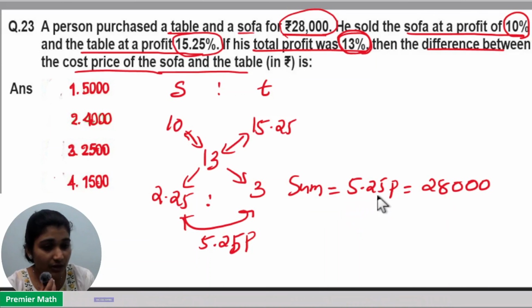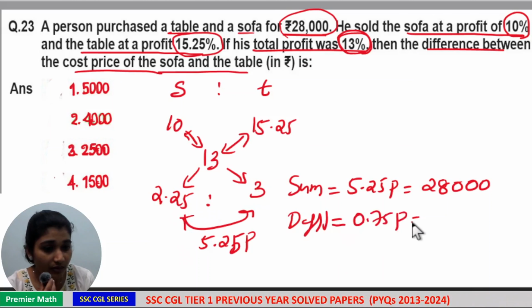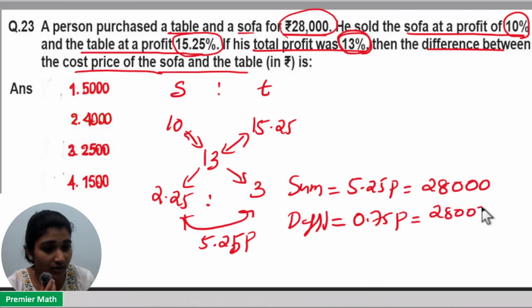In ratio the sum is equal to 5.25, actual sum is equal to 28,000. Then here the difference is equal to 3 minus 2.25, which is equal to 0.75 part. So 28,000 divided by 5.25 into 0.75 is the difference here.